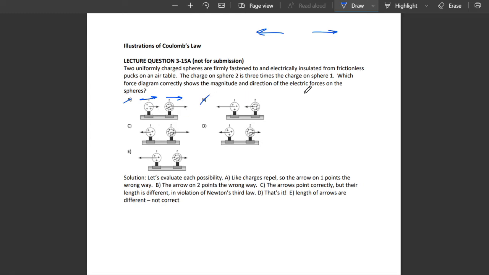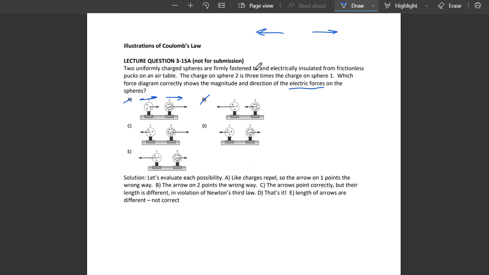Moving along, the second thing that's important to keep in mind is the keyword electrical forces. We have to remember that electrical charges and particles still undergo Newton's laws of motion.